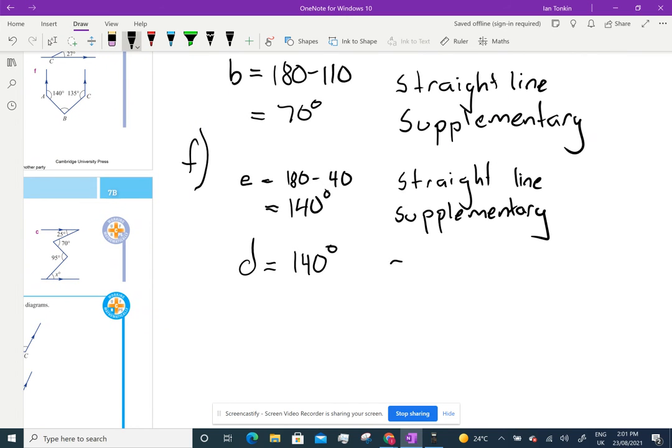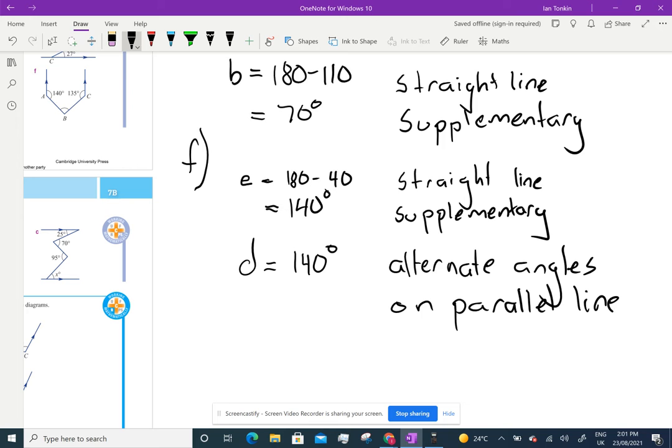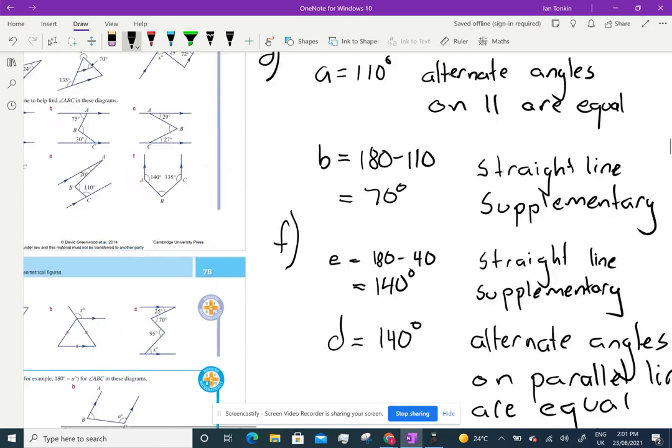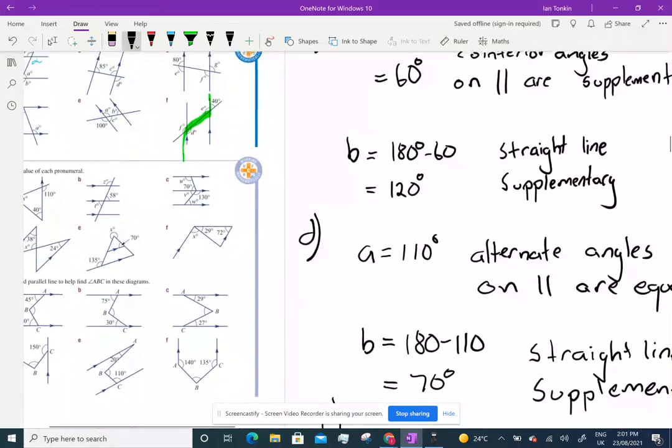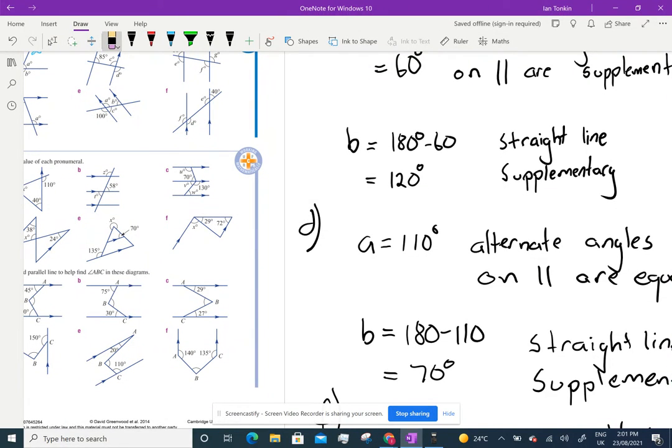So, alternate angles on parallel lines are equal. Seems like a lot to write, but at least you're stating how you knew that. We're going about it in a logical process.